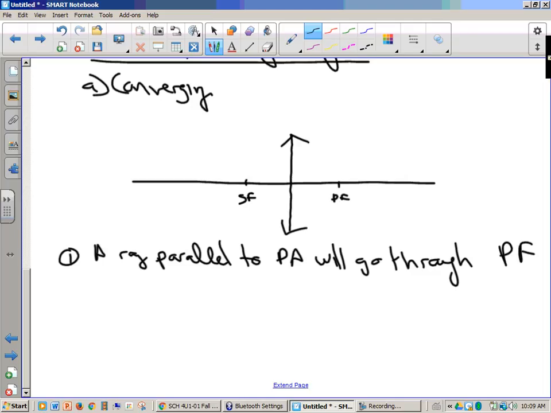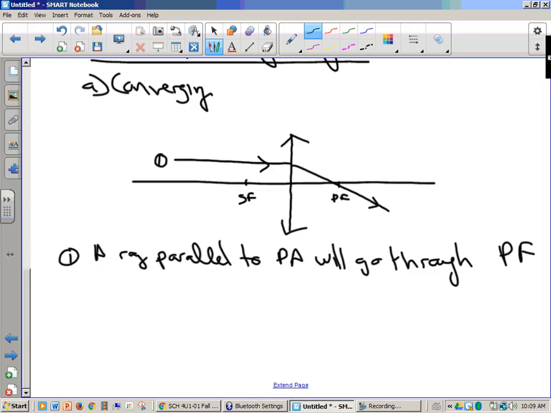So take your ruler, right? Put it up here somewhere. Draw a ray that's parallel to the PA. And I know I'm not using a ruler, but I can on my smartboard, but you can use a ruler. And again, take that ruler and bend it down so that you've got your pencil on the one spot and have it go through the PF. And I did a not bad job on that, but not great. And you can call that rule number 1.